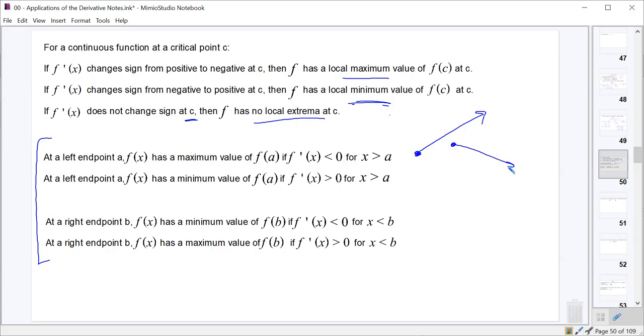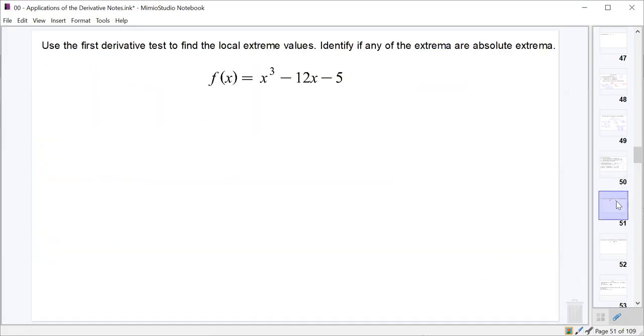And likewise down here at a right endpoint, if the function is decreasing into that endpoint, we have a local minimum. And at a right endpoint, if the function increases into that, we have a local max. So we're going to use that to now figure out all of the local extrema for x cubed minus 12x minus 5.